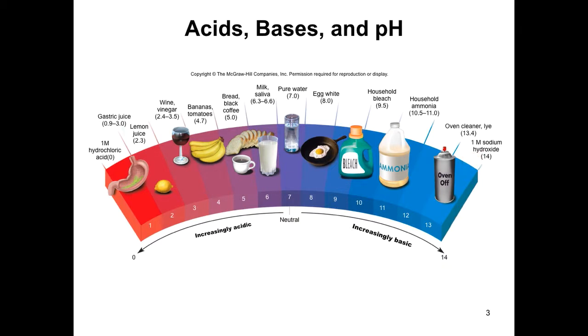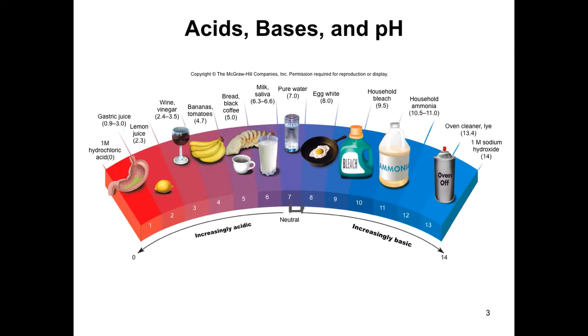A few things to keep in mind. 1, most parts of your body, the inside of your stomach is an exception. There are a few other exceptions, but the vast majority of your body needs to remain within a pH range of something like 7.2 to maybe 7.6.